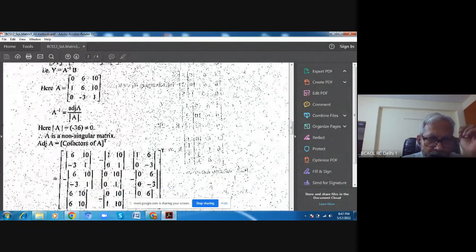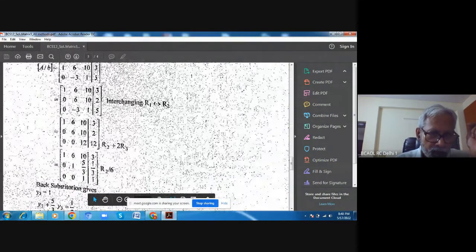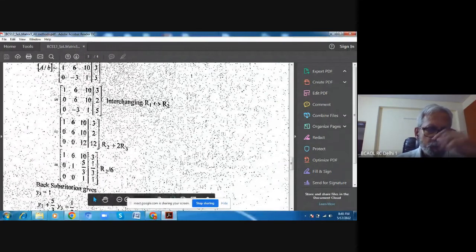And now coming to the reducing process. Same question in the Gauss-Jordan method, or reducing process. You see here, actually you have to make a triangle in the last. This is the triangle formation. When you make the triangle formation, then you can identify the values.